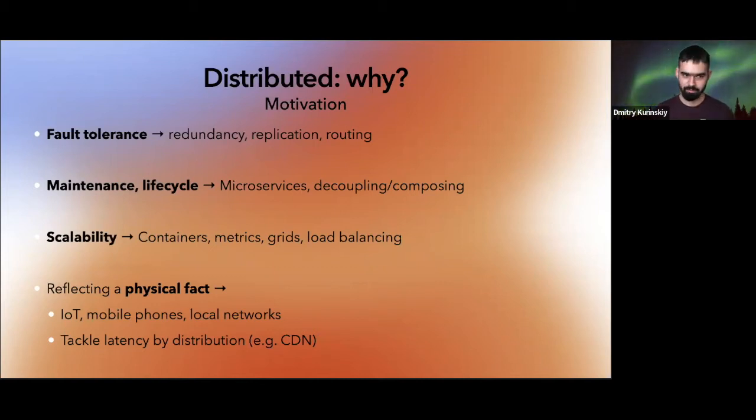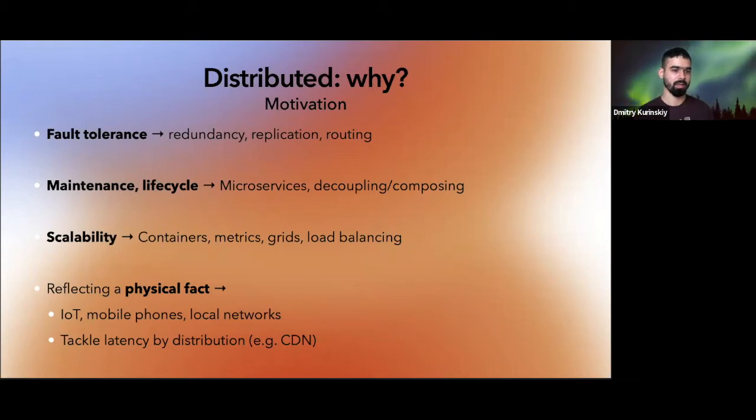That's another motivation. Third, probably I want my application to be scalable and to approach the scalability in Web2 world in a distributed fashion. We have containers, we have metrics, and we have data grids, we have load balancing, and so on. So that's the third motivation.